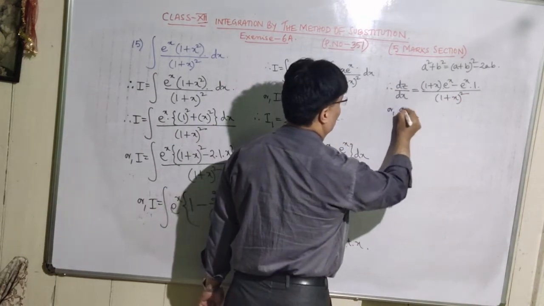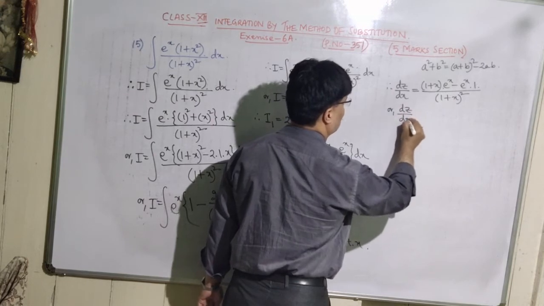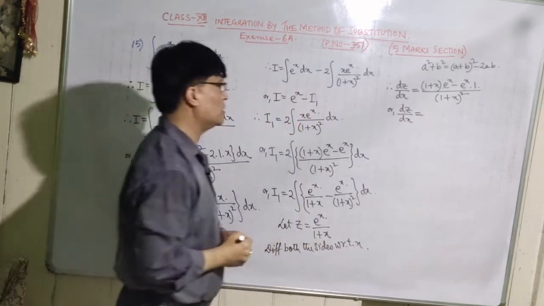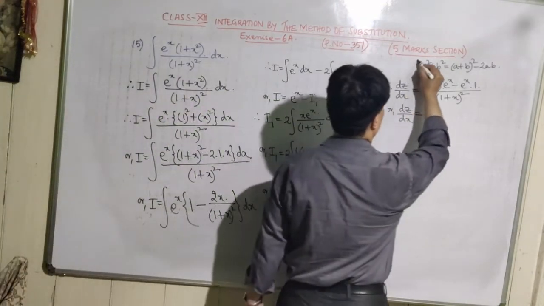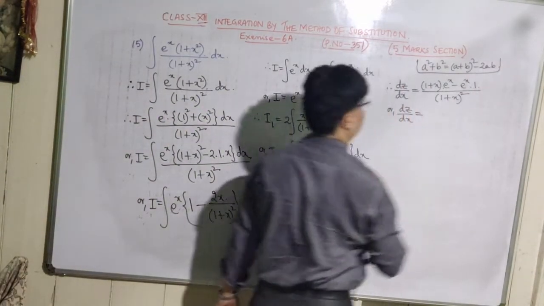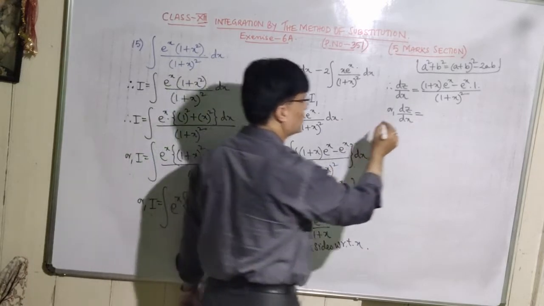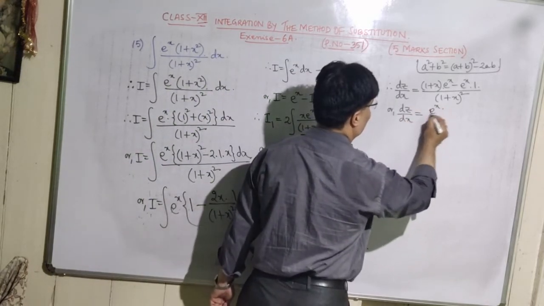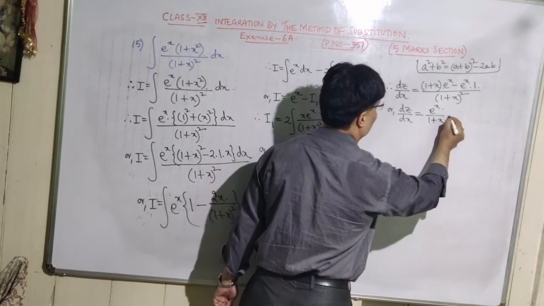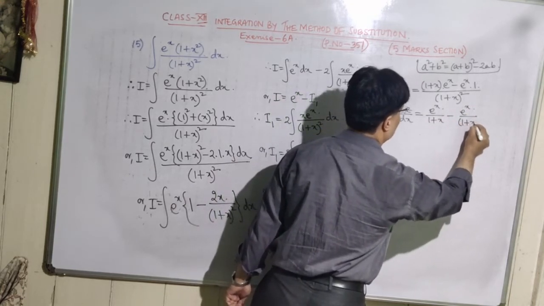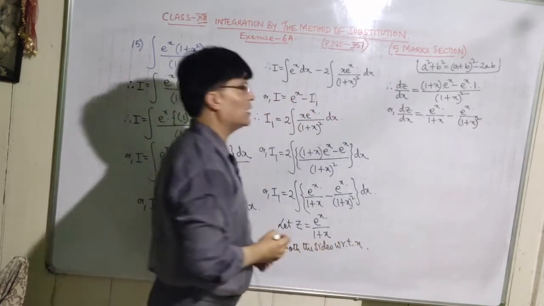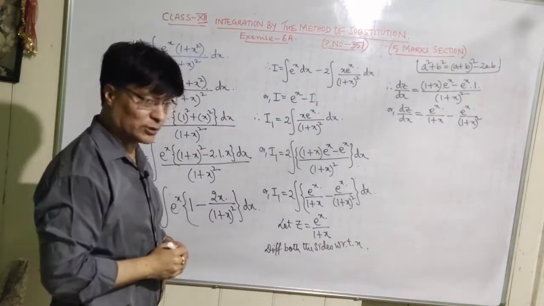Now dz by dx is equal to, now you can separate the terms here, right? What do we get? e to the power x divided by 1 plus x minus e to the power x divided by 1 plus x whole square. So this is the expression.